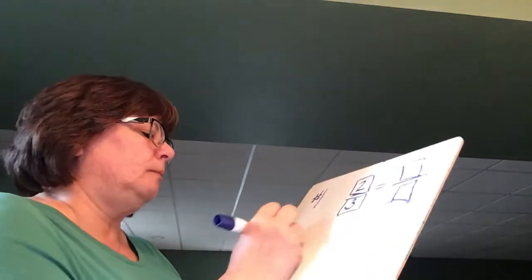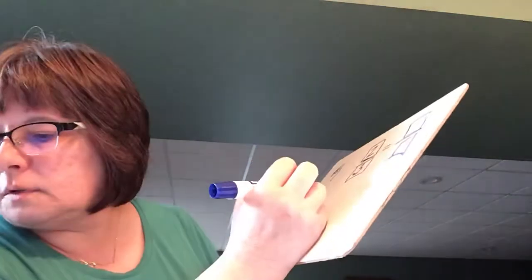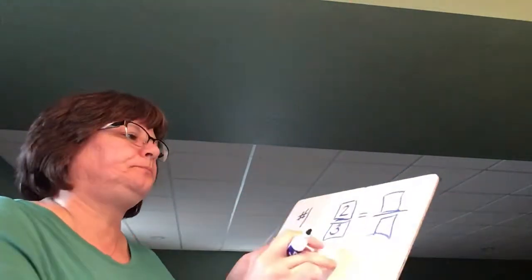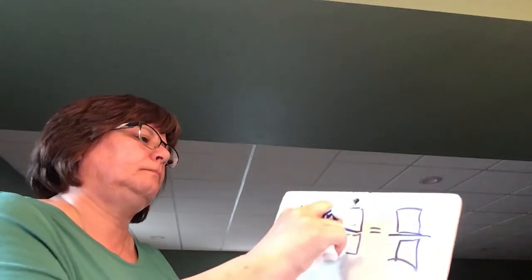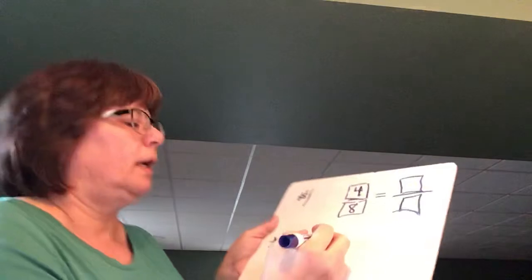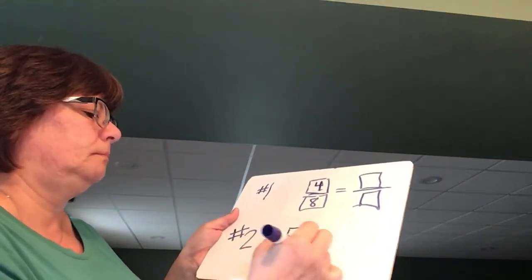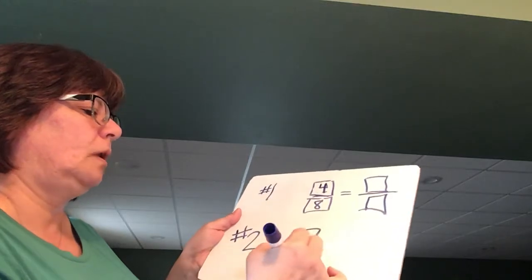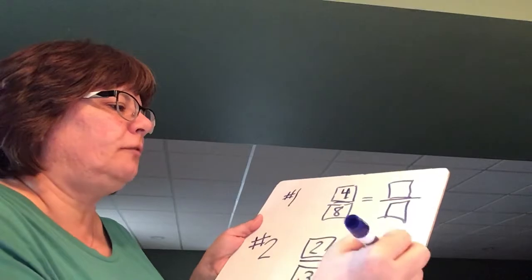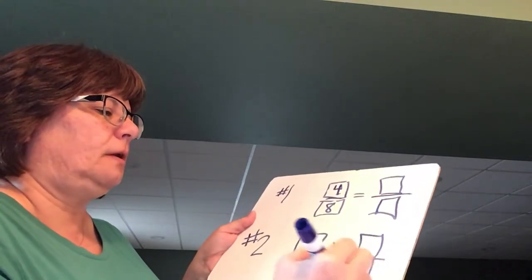And number 2, I gave you, wait a minute, I gave you 4/8 the first time. Sorry. And the next one is 2/3. And that one says greater than. So you have to find a fraction that you're going to justify that it's greater than.